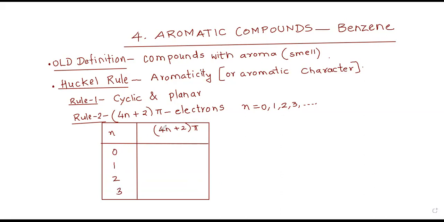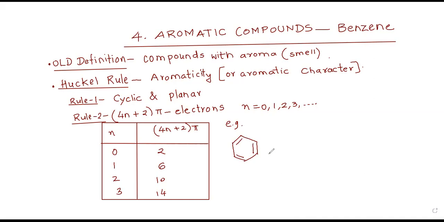If n is 0, 1, 2, 3, what will be the value? 4 into 0, 0 plus 2, so 2. 4 into 1, 4 plus 2, 6. 4 into 2, 8 plus 2, that's 10. 4 into 3, 12 plus 2, 14. Let me give immediately an example how to understand it. Suppose they give us a structure of the most simple aromatic compound, which is benzene.